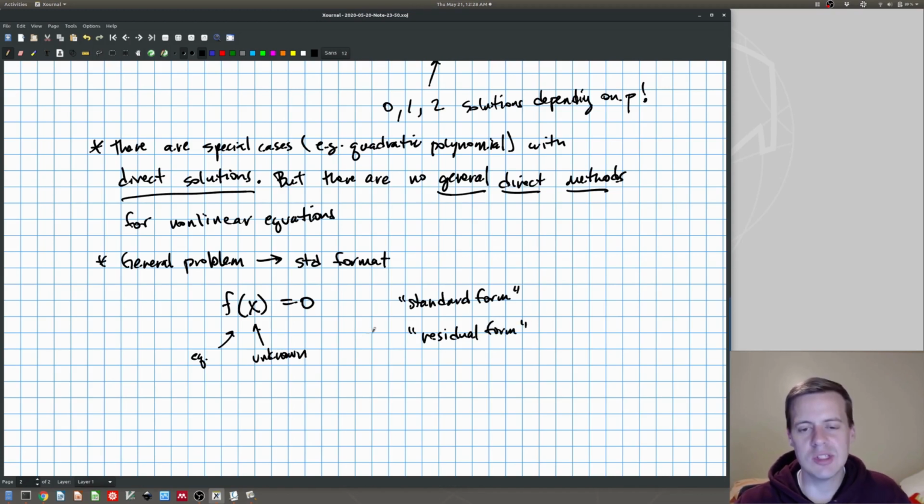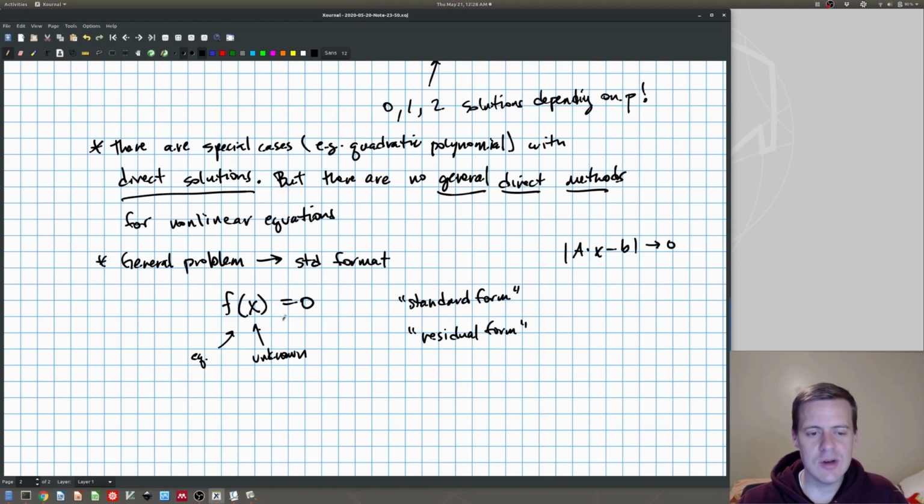We've seen the word residual before. If you remember when we had Ax minus b in the case of linear equations and we took the norm, that was supposed to be 0 if we found the solution. So a residual is anything that, if you compute it, should give you 0. If it's not 0, then it's telling you that you're not at the right answer.